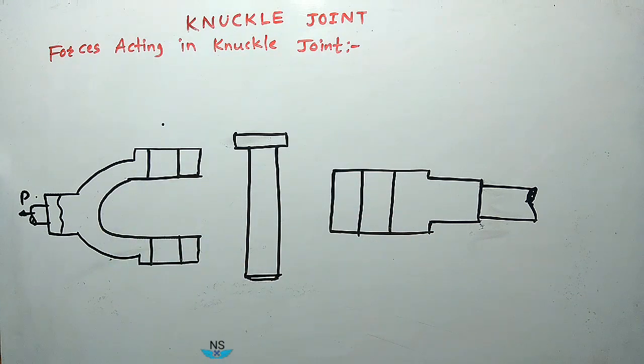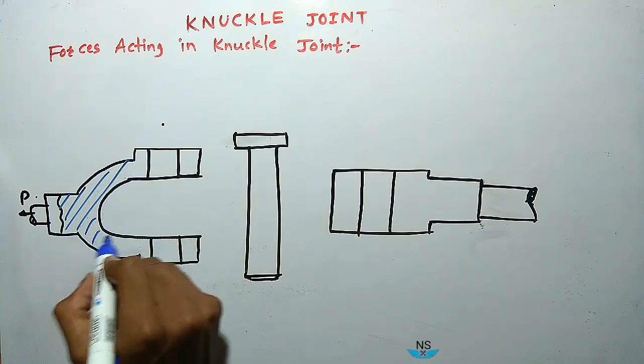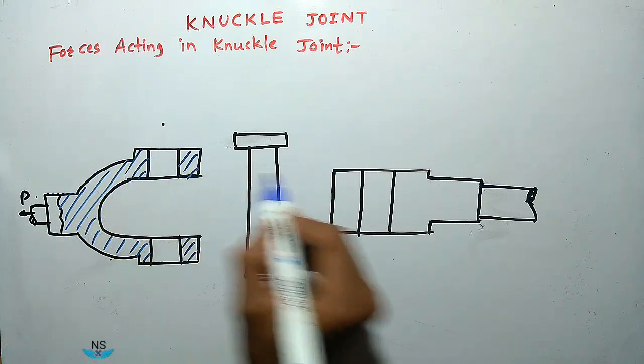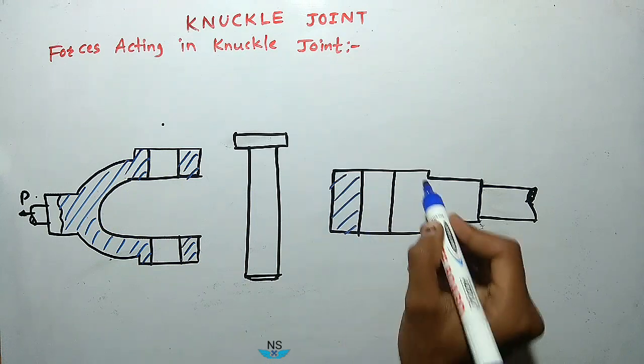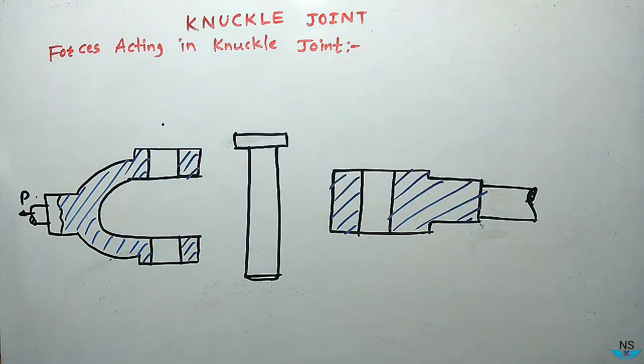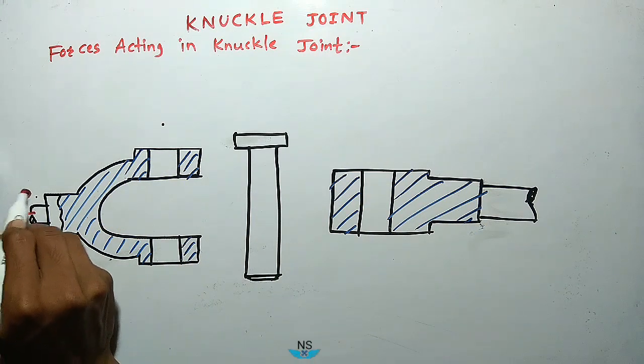So now let us see how the forces will act on each component. This is the fork, this is the eye. Now this is force P, that is tensile force.